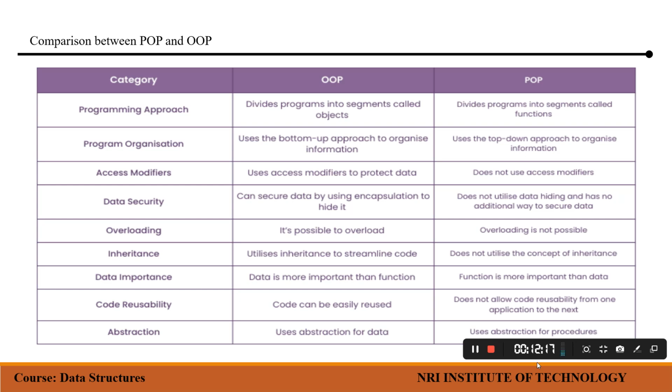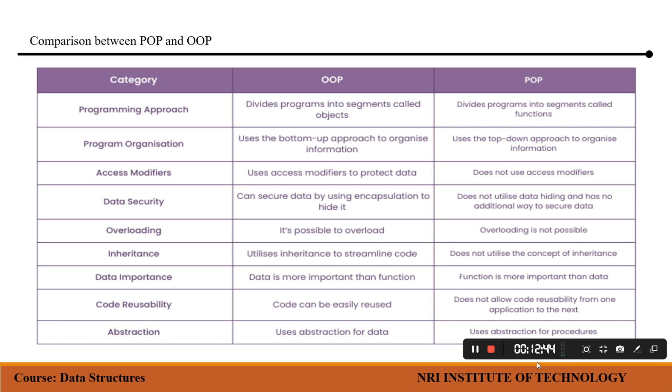And of course, procedure-oriented programming does not use any data hiding, and there are no additional ways to secure the data. Overloading. So in the object-oriented programming concept, it is possible to overload, and here in the procedure-oriented programming, overloading is not possible. Inheritance. It utilizes inheritance to streamline the code, and of course, procedure-oriented programming does not utilize the concept of inheritance.